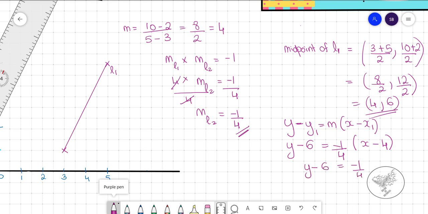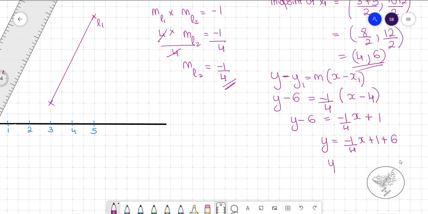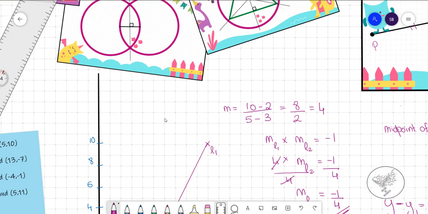Y minus 6 is equal to minus 1 over 4 x plus 1 over 4 into 4 is 1. The 4 and 4 cancel. So y is equal to minus 1 over 4 x plus 1 plus 6. I'm going to bring the minus 6 to the other side, so it will become plus 6. So now you are left with y is equal to minus 1 over 4 x plus 7. So this is the equation of the perpendicular bisector.